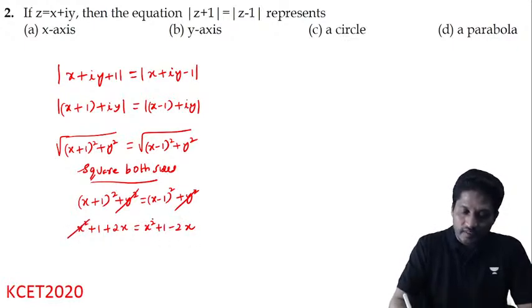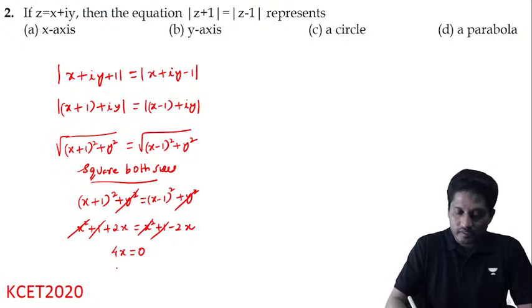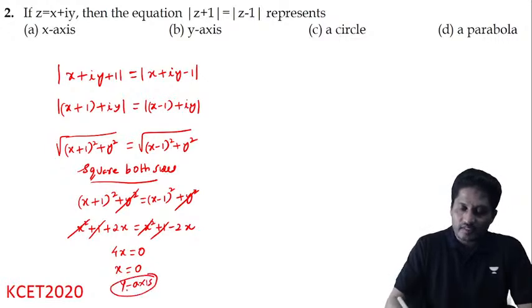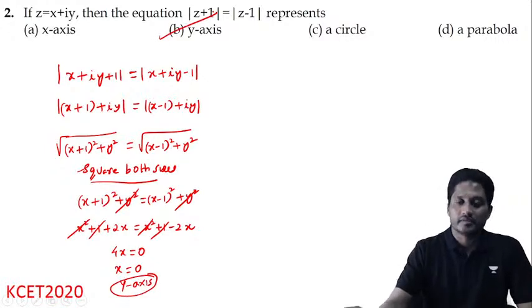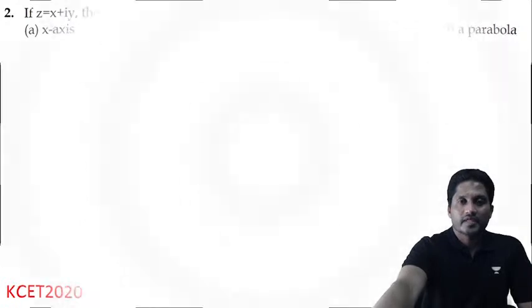I cancel x square and cancel 1. Shifting to the left side, 2x is equal to minus 2x, means 4x is equal to 0, x is equal to 0. x is equal to 0 is the y-axis. Every point on the y-axis has x equal to 0. The answer is option D. Let's move to the next question.